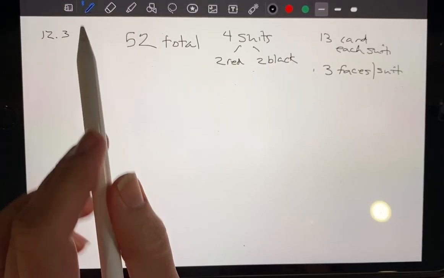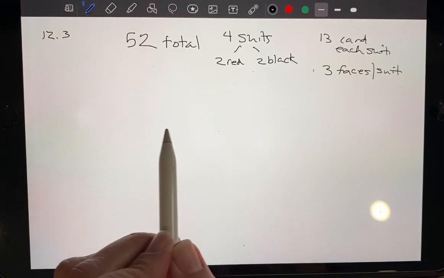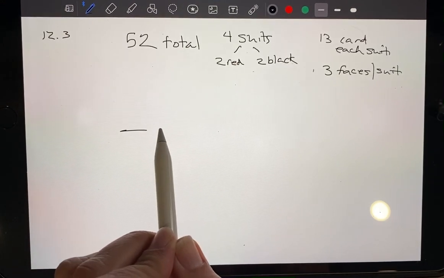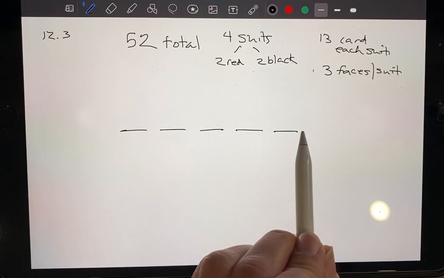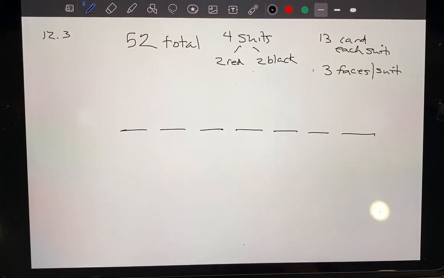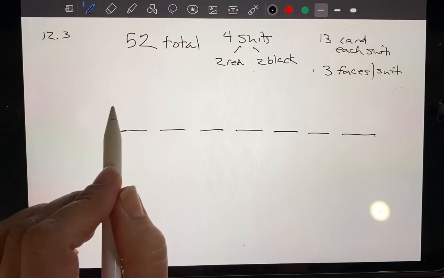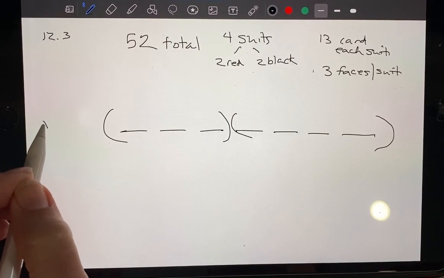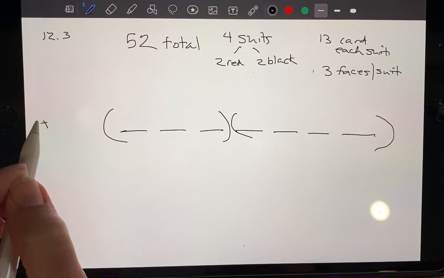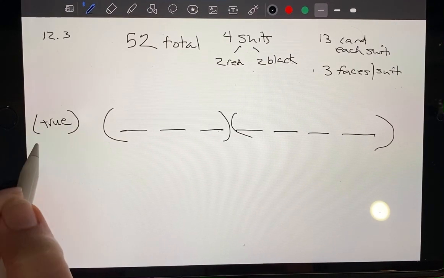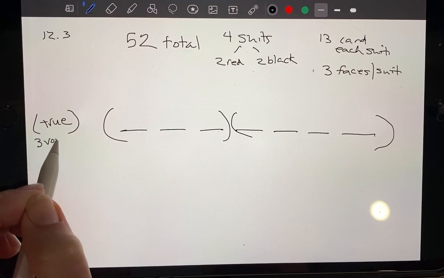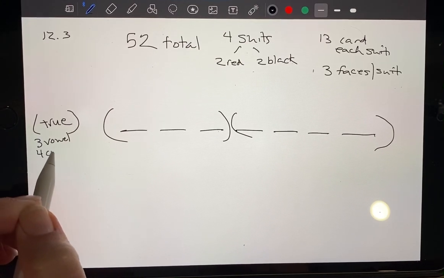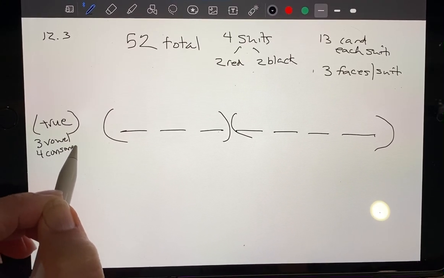So you are picking 7 numbers, or 7 letters, sorry. So we're picking 7 letters that we have, and we're going to use our fundamental counting method here. They're asking specifically to be able to answer this question as a true statement. They want it to be 3 vowels and 4 consonants.